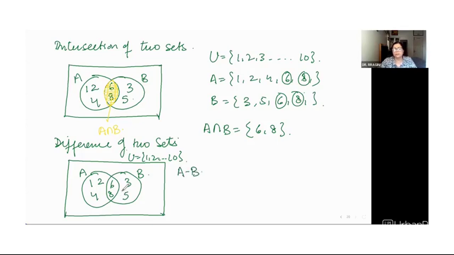A minus B is a set of elements which are in A but not in B. What does that mean? Elements which are in A but not B. That means you have to leave out those elements which are shared by B or which are common to B. So when I mark it, see.